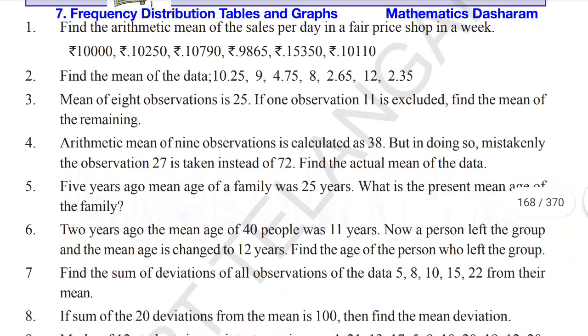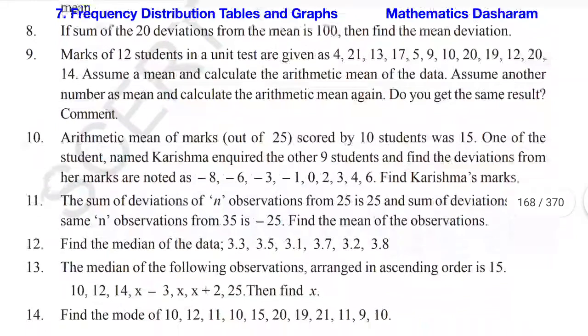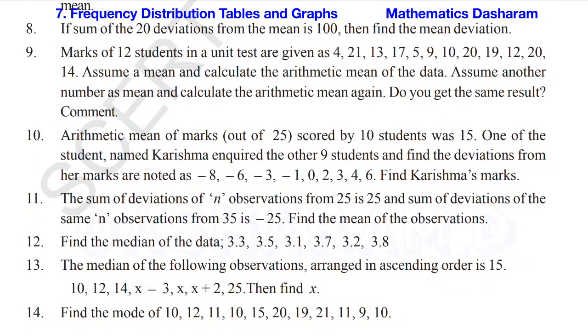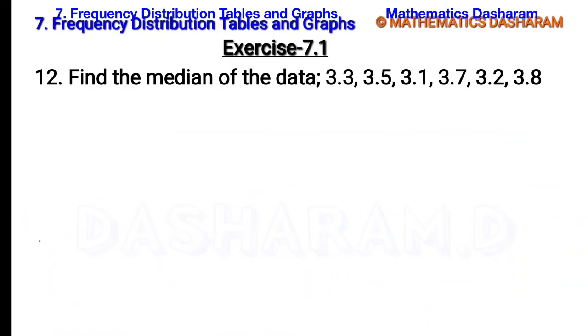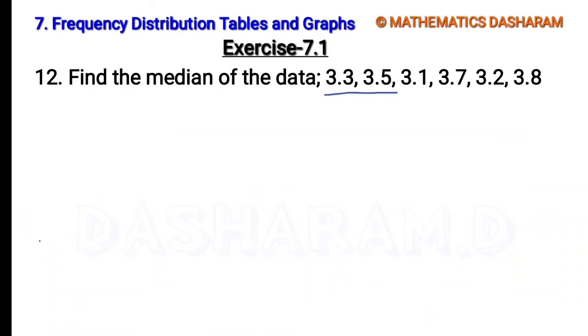So next, coming to exercise 7.1, here the 12th problem. Find the median of the data 3.3, 3.5, 3.1, 3.7, 3.2, 3.8. Let's arrange the given observations in ascending or descending order. So I am arranging in ascending order.